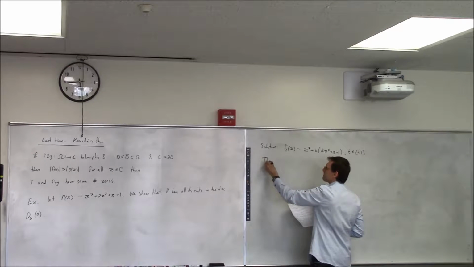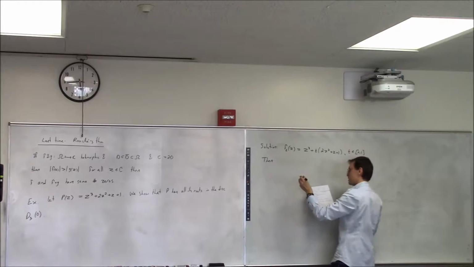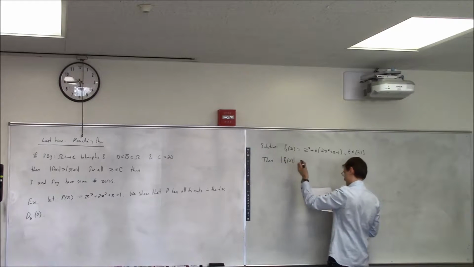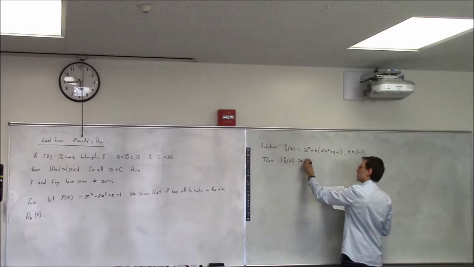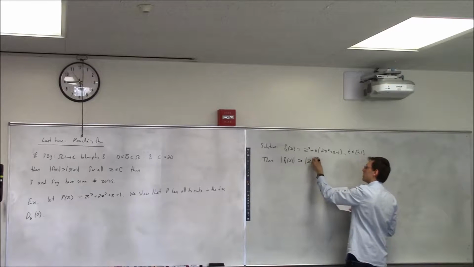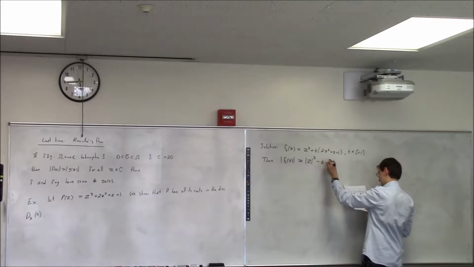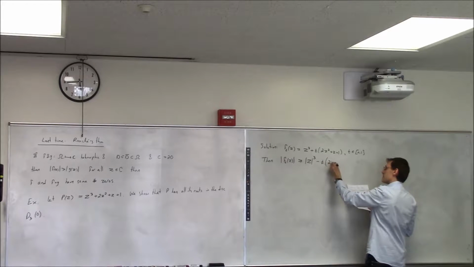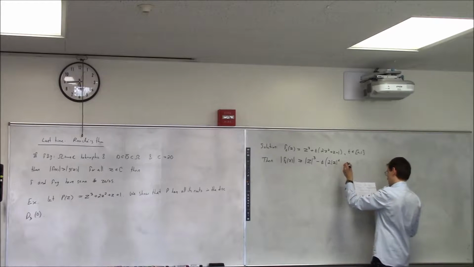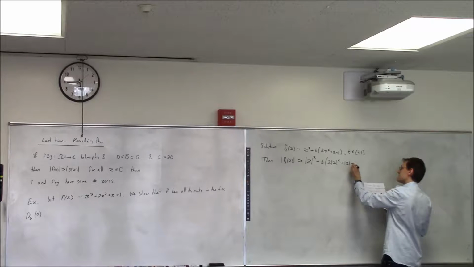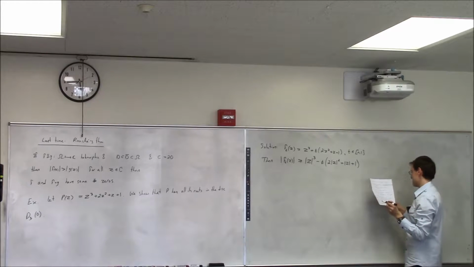Then the absolute value of f_t(z) is bigger than or equal to the modulus of z cubed minus t times 2 modulus of z squared plus modulus of z plus 1.